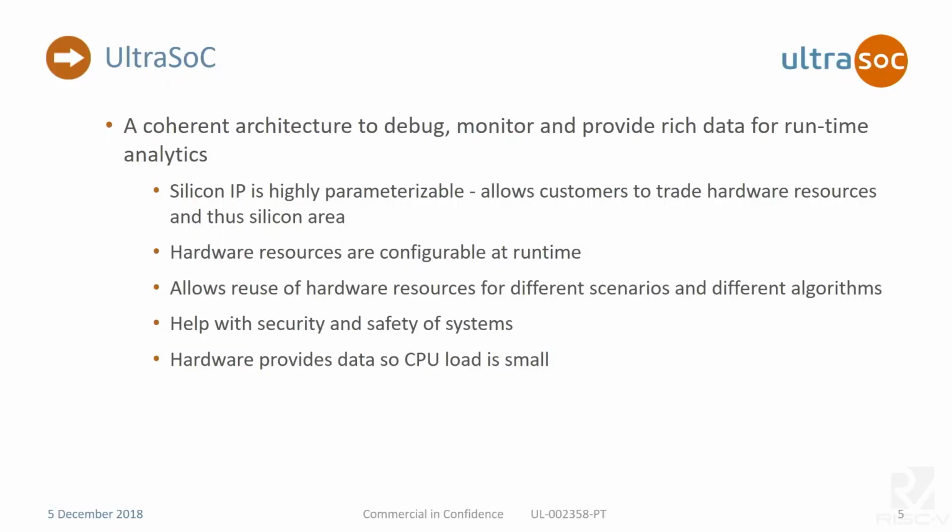So what UltraSoft does, this is my company, is we provide a coherent architecture. It's core neutral, processor neutral, and provides a coherent architecture for debug, monitoring, and analytics. The IP is highly parameterizable at silicon time. The IP that you lay down, you can configure it at runtime for different scenarios.